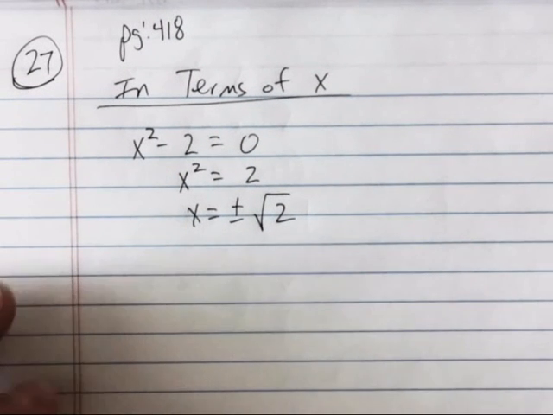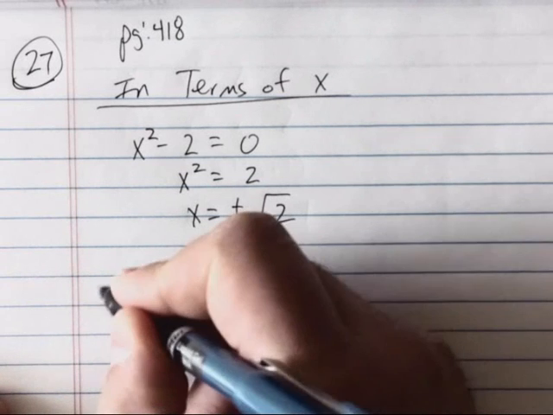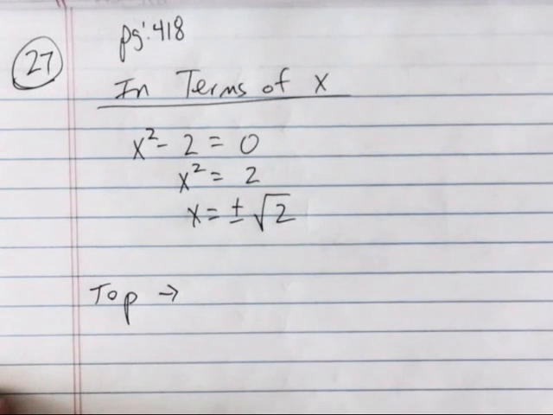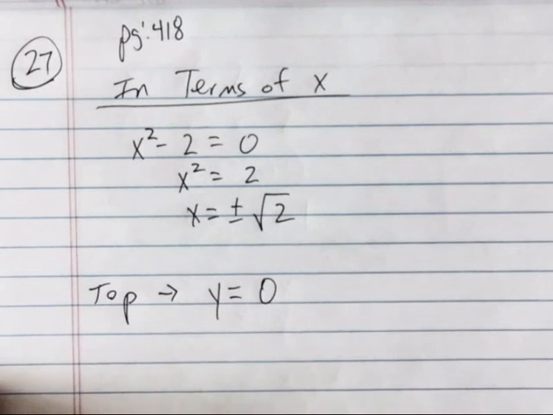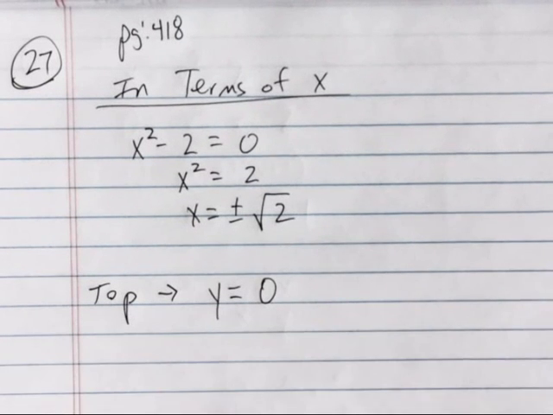Okay, so our top function is y equals 0, which is essentially just the x-axis, and that's the top for both of them.